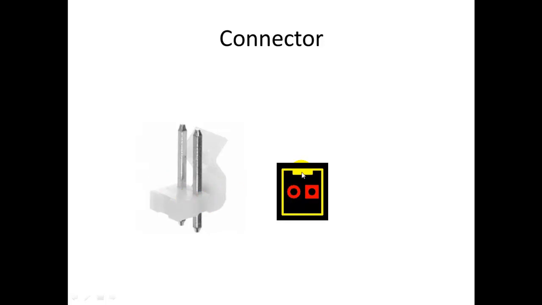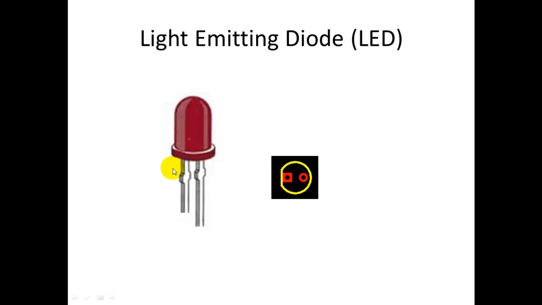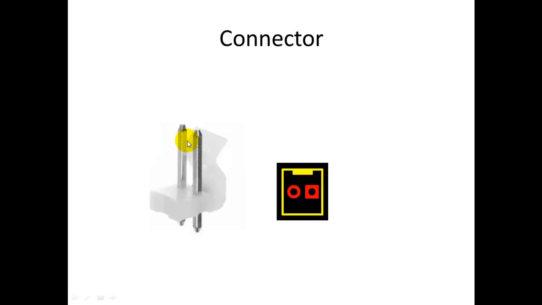But notice also this thicker yellow piece that represents this part of the plastic, and that's the key which allows the female part of the plug, which will come from the top, to connect to the connector the right way. And actually most of these are keyed so that they can go only one way, so you cannot connect it the other way and damage the circuit.